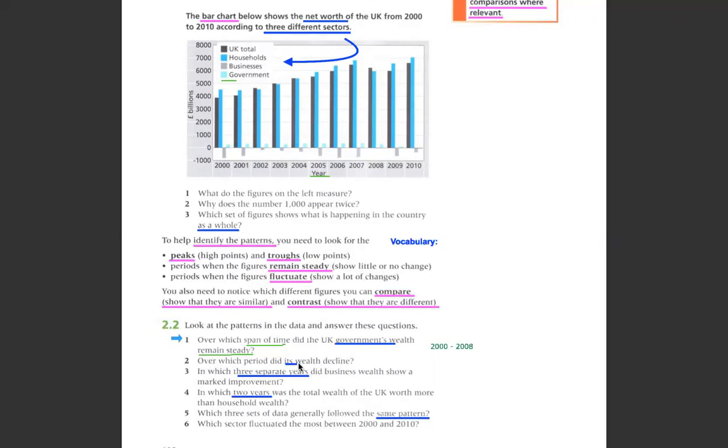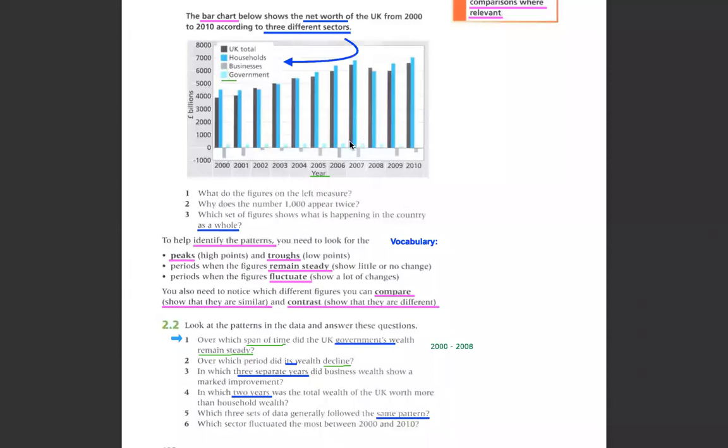Okay, over which period did its wealth decline? So for the government, when did its wealth decline? Meaning to go down, to fall. So have a look again at government, the light blue. When did it decline? Over which period? So you're still looking at a period of time.